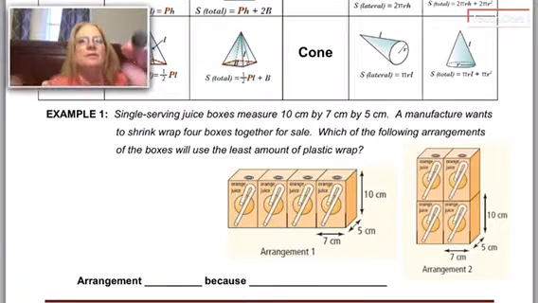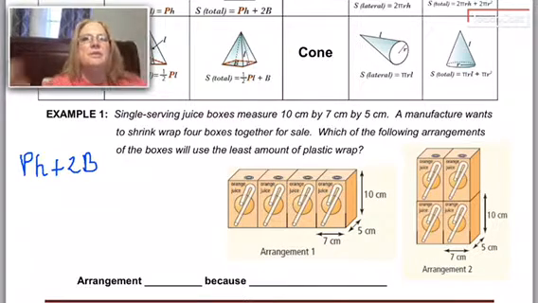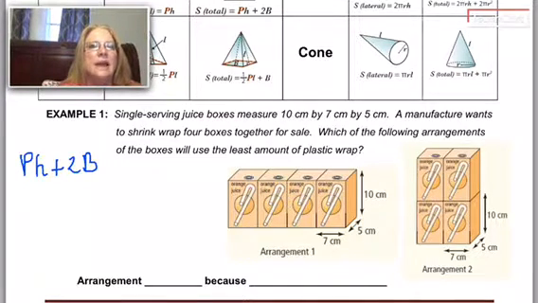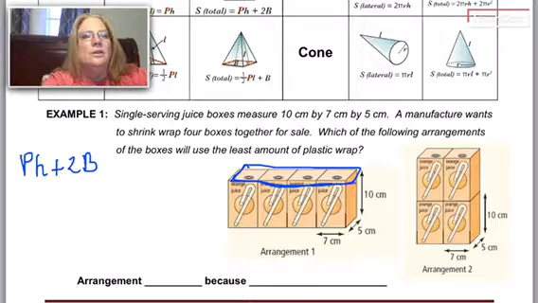So the formula is Ph plus 2B, where P is the perimeter of the base and the capital B is the area of the base. In the first one, we will call the top and bottom the base, because remember, the bases are 2 parallel congruent polygons.